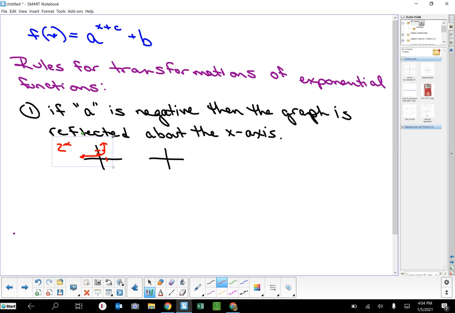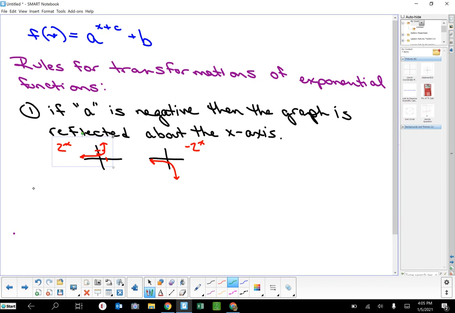Well, the a being negative would mean I have a negative 2 to the x. Being reflected over the x-axis means this point would now be negative 1, and I'm going to also come out to up to 2 and over to negative 1, and this is going to come this way. So that's what that would look like. The a value, the base, would become negative.